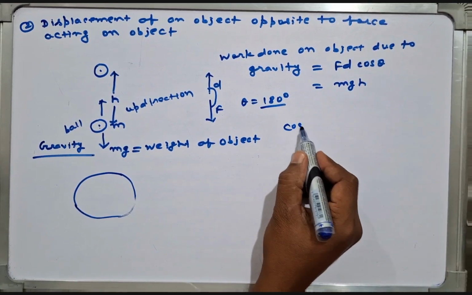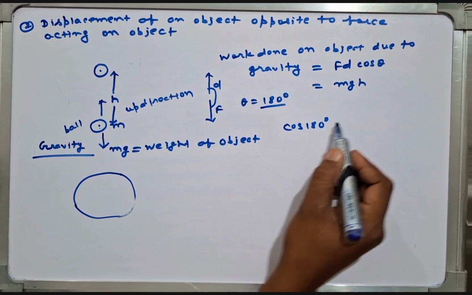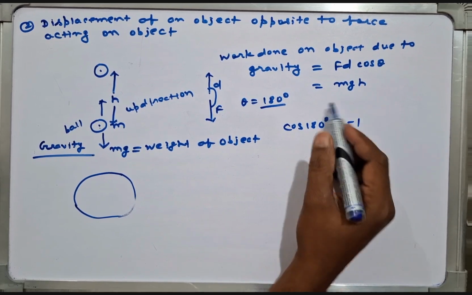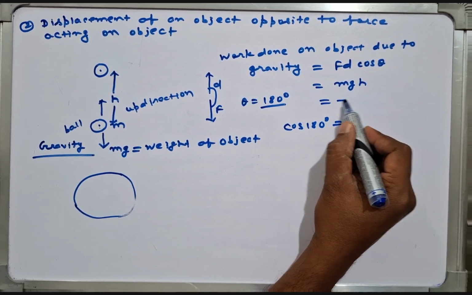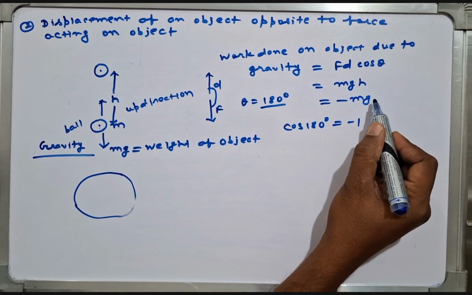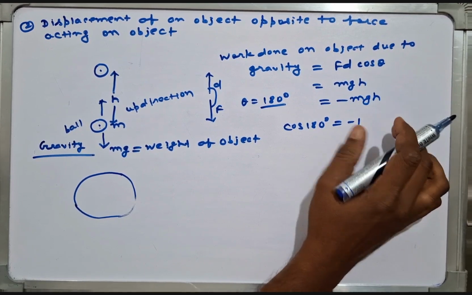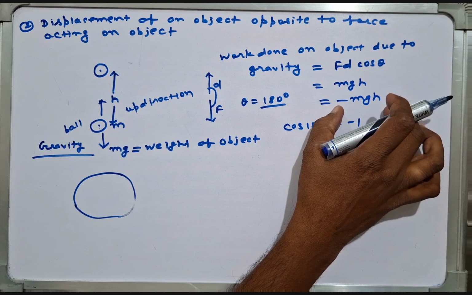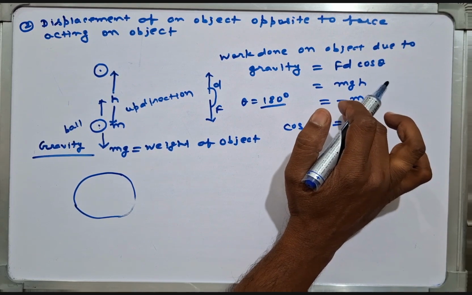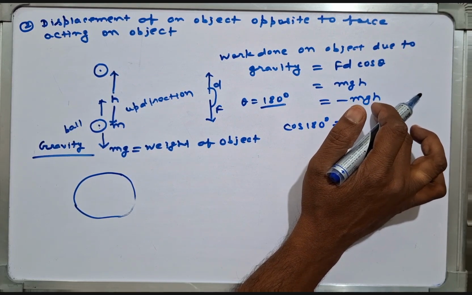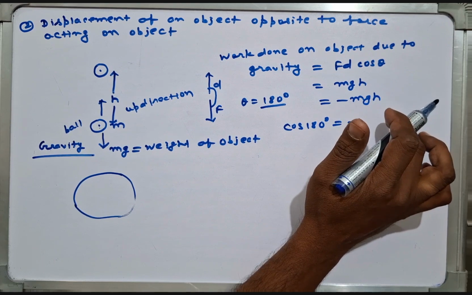So cos 180 degrees equals -1, and you can say work done by gravity on the object is minus m g h.